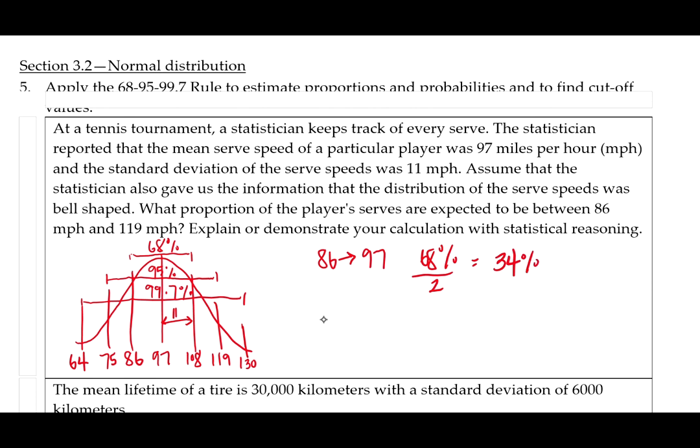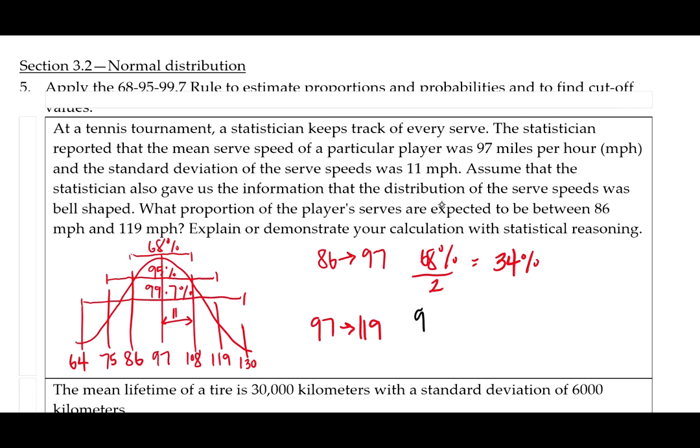And now I want to go from 97 up to 119. That is from the mean to 2 standard deviations above the mean. I know that from 75 to 119, there's 95%. That's part of what I labeled. But I only want half of that to get from 97 to 119.